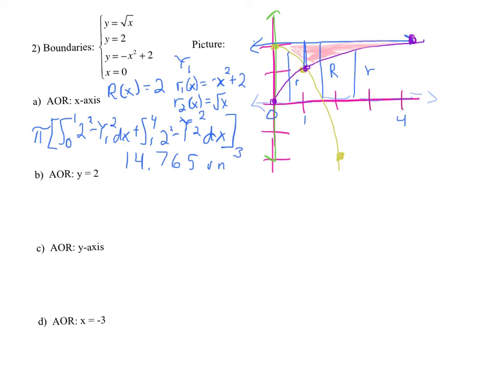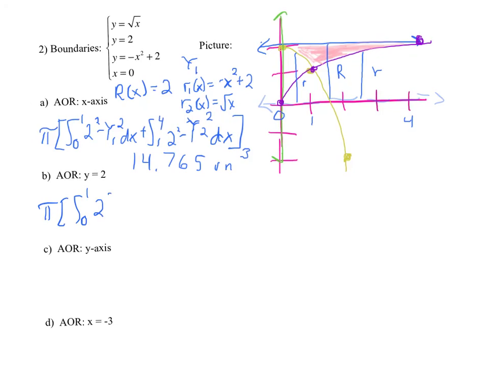Between 0 and 1, our big R is going to be in between the two functions, 2, the top curve, minus the bottom curve, which is, in this case, y1.